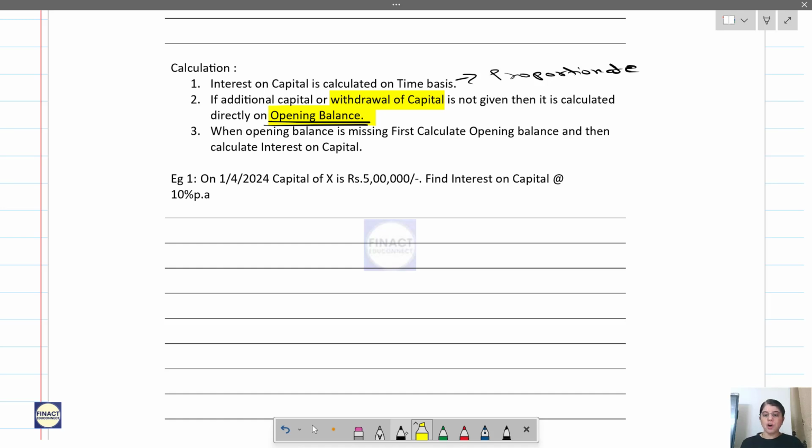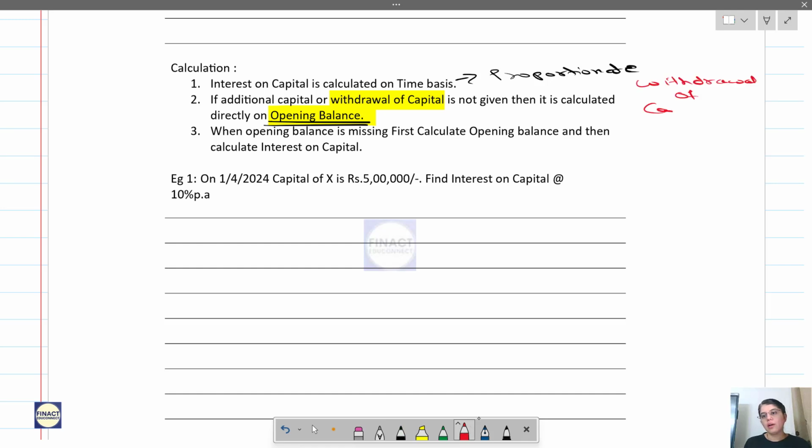So if drawings are given, we should not consider it over here while calculating interest on capital, because we are charging separate interest on drawings. So drawing should not be considered over here, only withdrawal of capital should be considered. That is the reason you should understand the difference between withdrawal of capital and drawings. Now how will I know that? In practical purposes, obviously you will have to do analysis and research to understand whether it's a withdrawal of capital or drawing. In the question they will be giving you. So you can just write it over here.